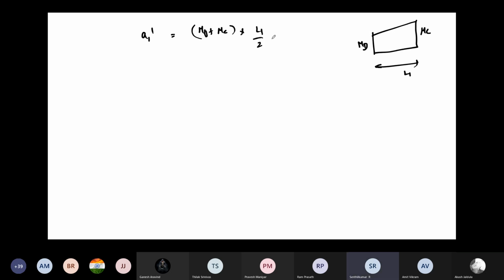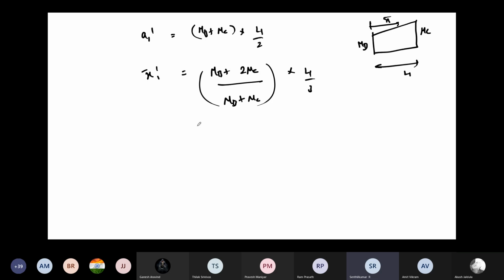This is your area. So what about your X bar? X bar is a simple one, we have already used it many times. So it is MB plus 2MC divided by MB plus MC, multiplied by L1 by 3.